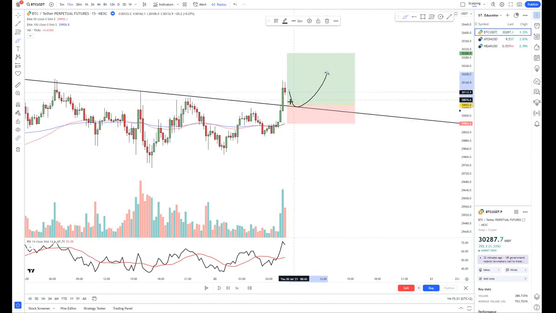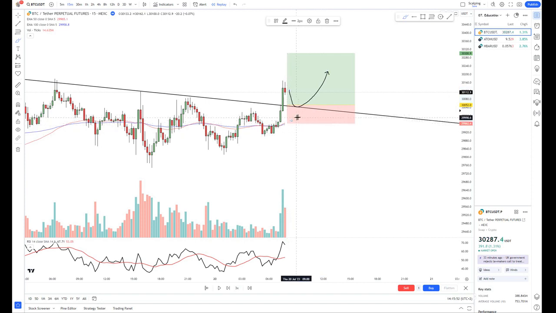So at this point I would be saying, okay, I want to look for an entry around this trend line. We have the 50 and 100 EMAs here. So then I'd be looking at where am I going to put my stop loss.